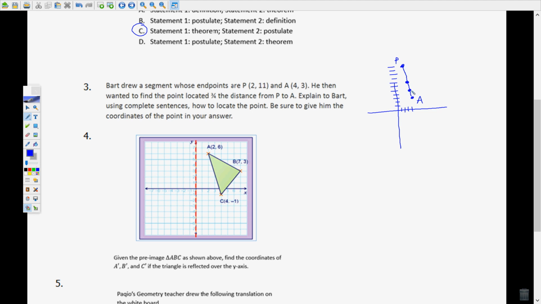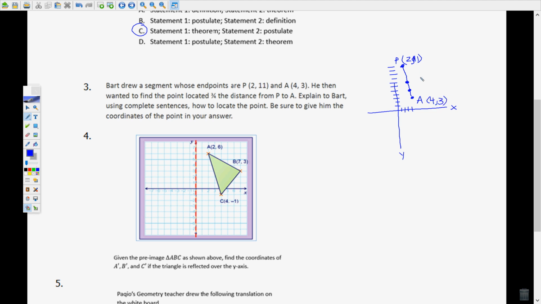So if we use the midpoint formula here, and then the midpoint formula again, we will find the point that is 3/4 of the distance from P to A. And so let's do that. P is at (2, 11), and A is at (4, 3).